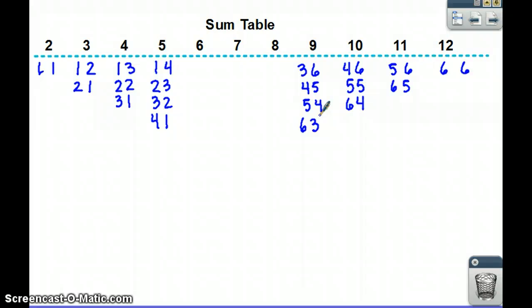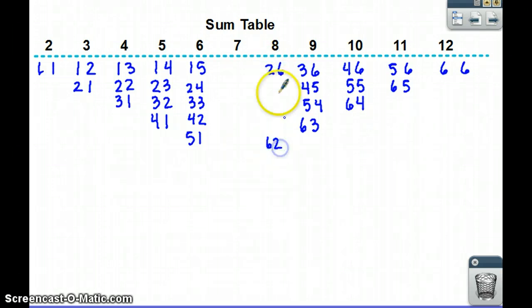So let's continue on. 6 is a 1 and a 5, or a 5 and a 1, a 2 and a 4, and a 4 and a 2, or I could roll 2 3s. An 8, a 2 and a 6, or a 6 and a 2, a 3 and a 5, and a 5 and a 3, or I could roll 2 4s.